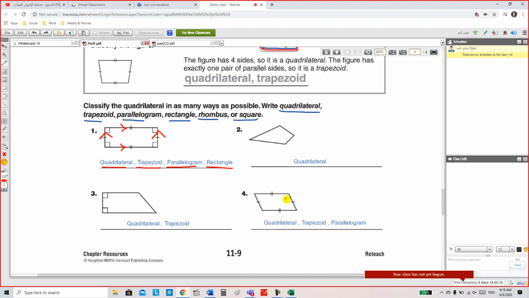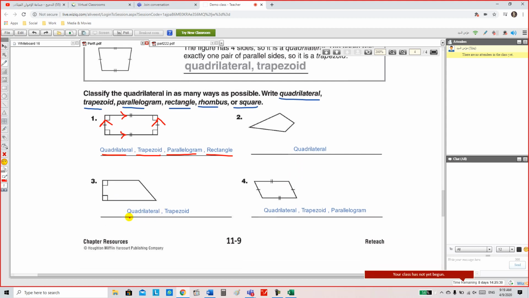Okay, the next one, number three, we have four sides in this polygon, so it will be quadrilateral. And we ask ourselves, are there any two opposite sides parallel? Yes, we have only two opposite sides parallel, so it will be trapezoid. Can we continue to parallelogram?